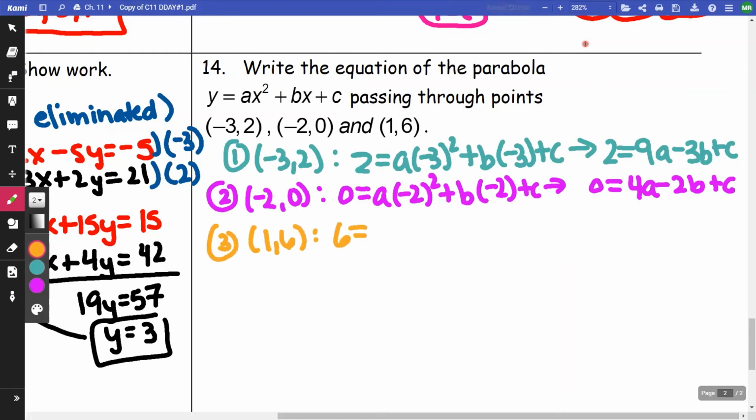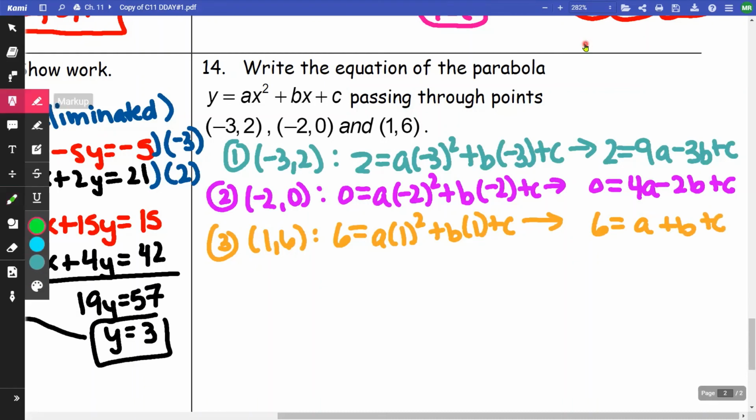So I'm going to have 6 is equal to a times 1 squared plus b times 1 plus c. So that's going to be 6 is equal to a plus b plus c. And this is going to be the system that I'm going to be trying to solve.